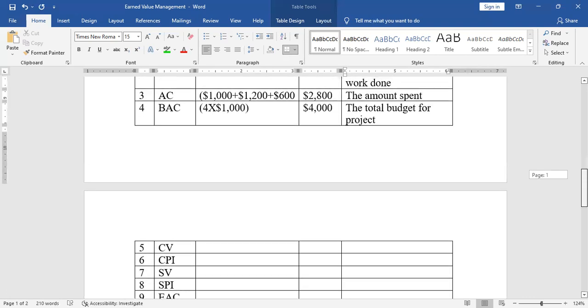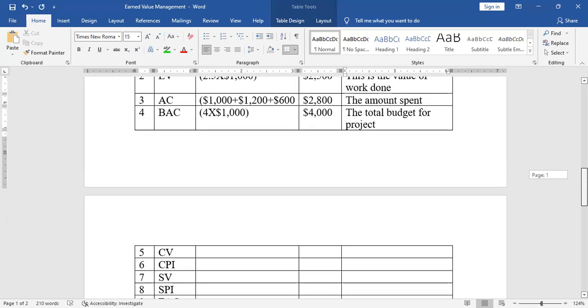The next computation is cost variance. Now listen to me very carefully here. How do we calculate the cost variance?